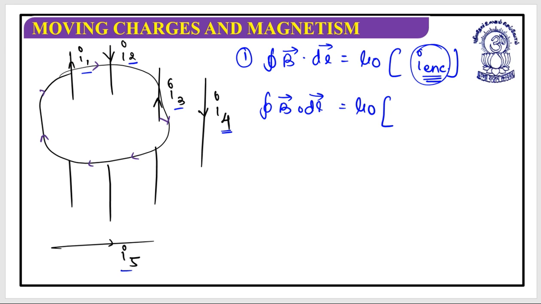So when it is inside the plane of the paper, who will be the positive? Yes, I2, because I2 is inside the plane of the paper. So this is plus I2 minus of I1 and minus of I3. Only these three would be there. I hope this is clear.